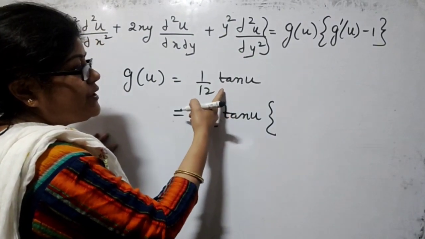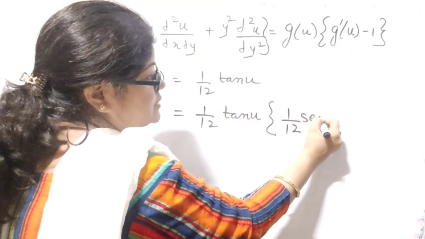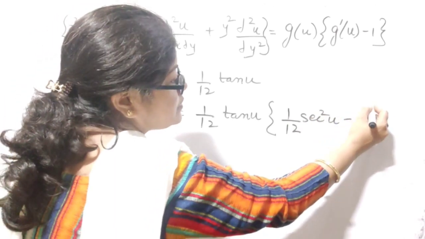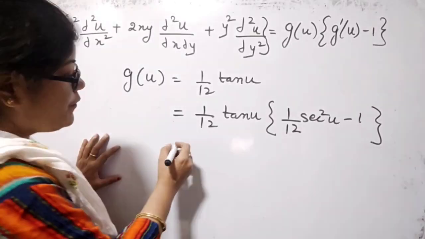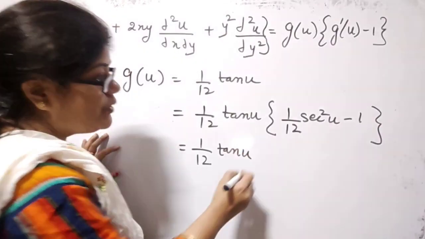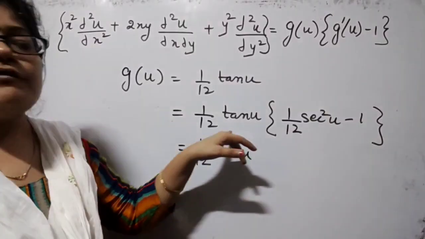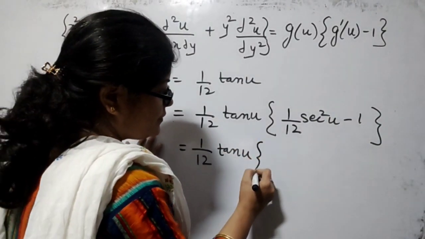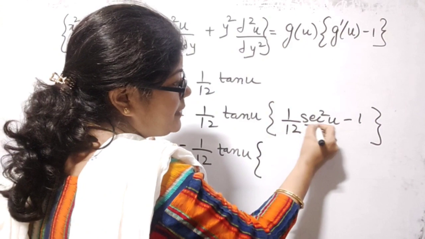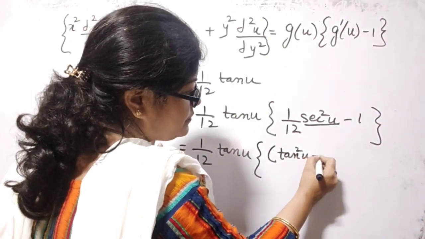That means we have to differentiate 1 upon 12 tan u. That means we get 1 upon 12 sec square u minus 1. So we get ultimately 1 upon 12 tan u, but don't stop here. Change sec square u into the form of tan u. So in place of sec square u, you can write tan square u plus 1.